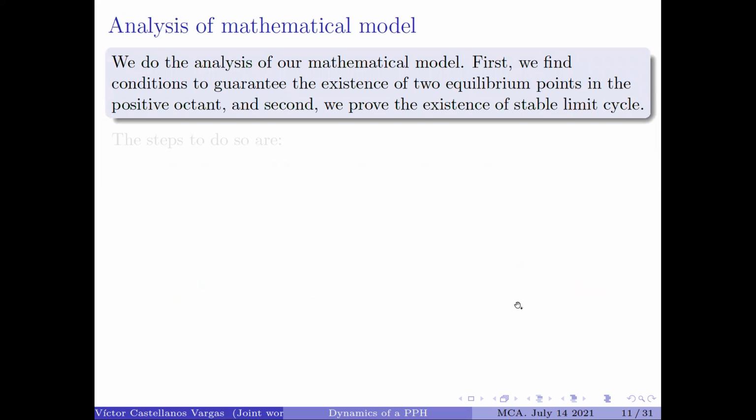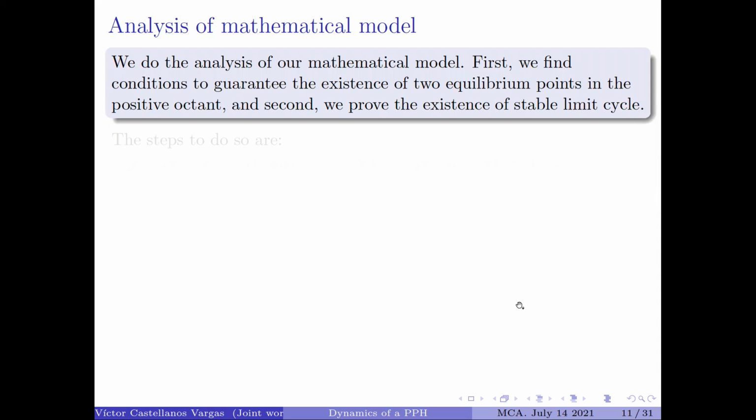Okay. So then we do the analysis of our mathematical model. First, we find conditions to guarantee the existence of two equilibrium points in the positive octant. And second, we prove the existence of a stable limit cycle.